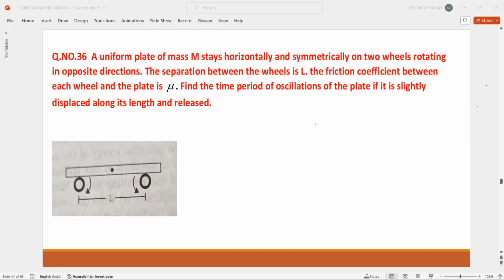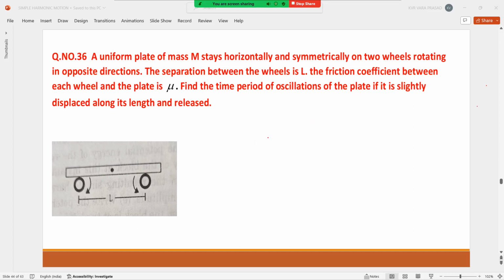So first we are focusing on who is providing the restoring force for the plate to oscillate. Then we are focusing on how many forces are acting on the plate. You can see here the number of forces acting on the plate.